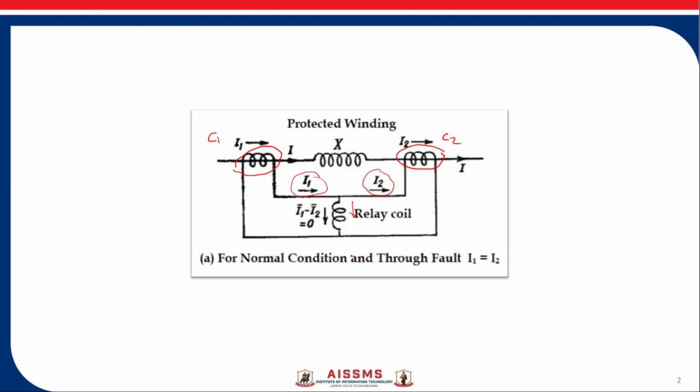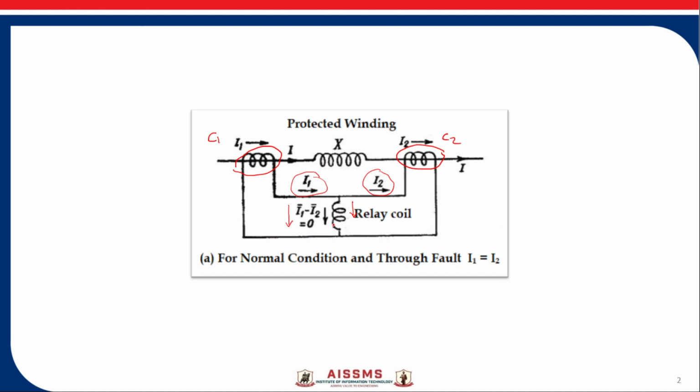Now during normal condition and under through fault, the protection system is balanced and the CT ratios are such that the secondary currents are equal, so I1 equals I2. These currents circulate in the pilot wires. The vector difference of I1 and I2 flows through the relay coil.